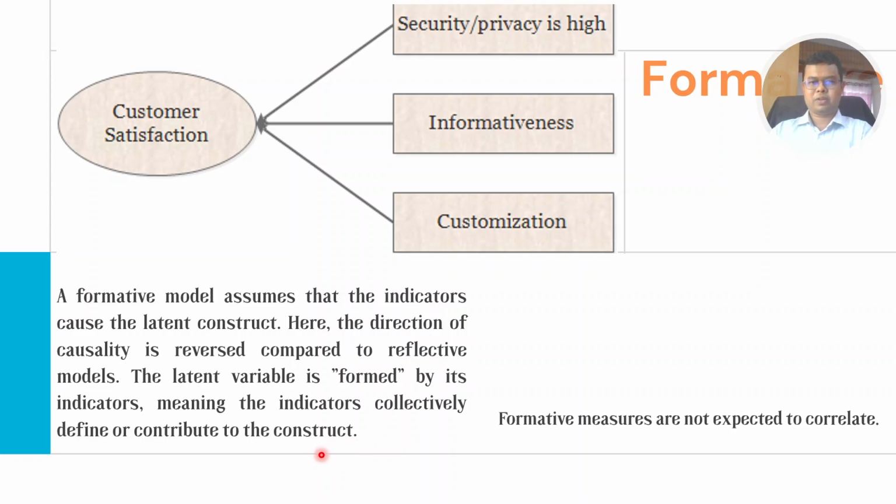For example, I would like to investigate my satisfaction as a customer. I bought a phone, maybe a Chinese phone or iPhone or Samsung, whatever it is. One indicator says the phone is highly secured, or the company maintains privacy.